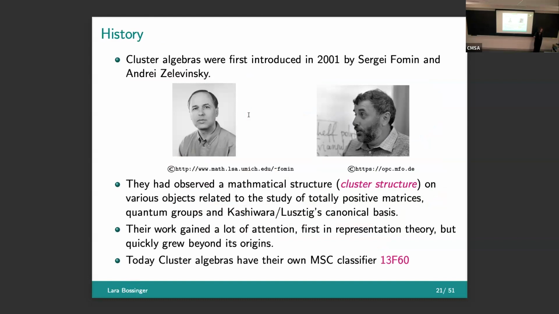Totally positive matrices, but also quantum groups and canonical bases, especially the second two topics, led first to a lot of movement in representation theory, a lot of interest in the subject from representation theorists, Lie theorists. But then we already saw, and you know by now, that it has grown fast around its origins. And people in the area are very proud that we have our own classification in the MSC classification.